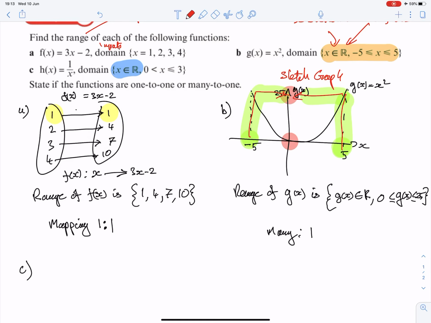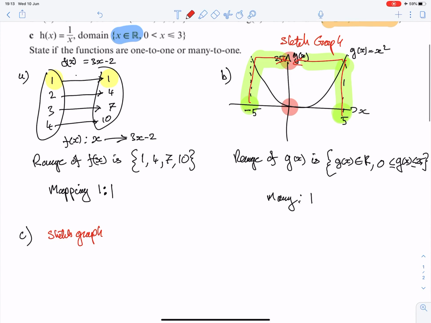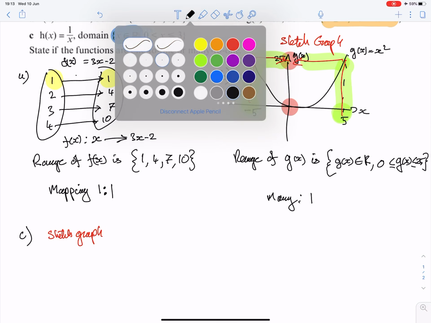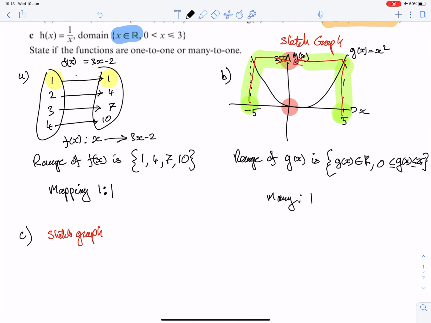It's all the values between 0 and 3. So sketch the graph. The graph this time is the reciprocal graph. Notice that we're going from 0 to 3.